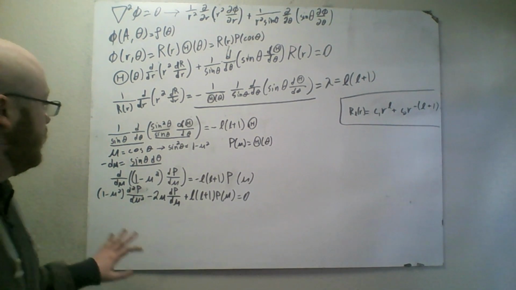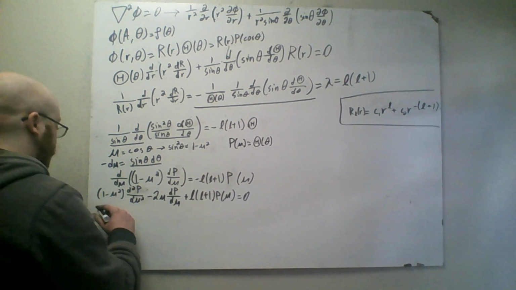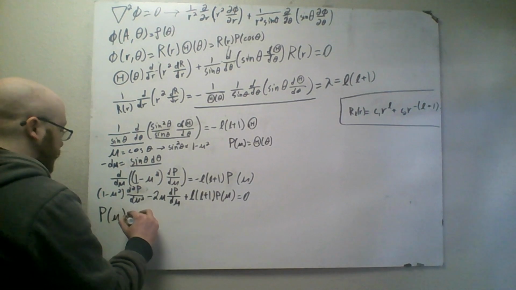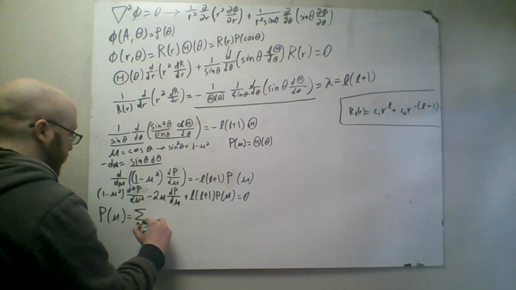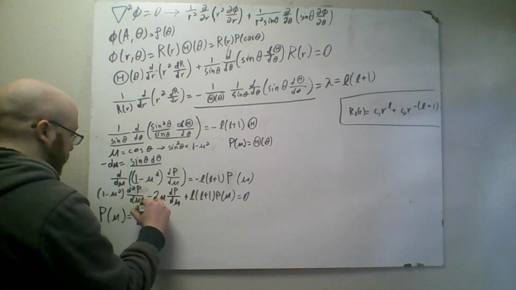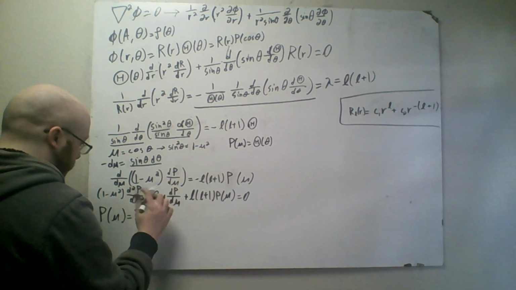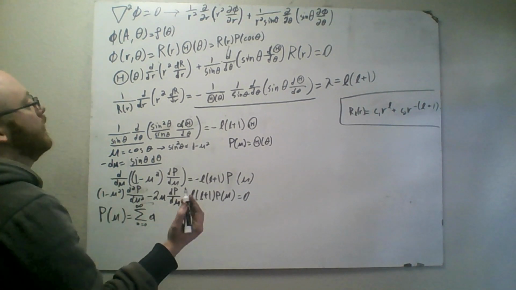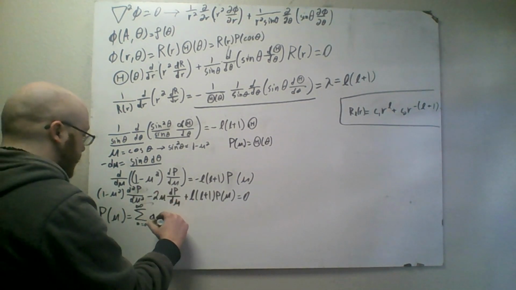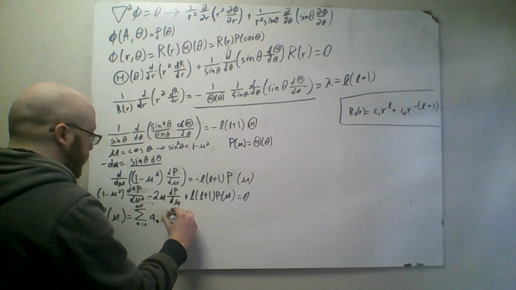So now I'm going to guess that P of mu equals the sum from n equals 0 to infinity of a n mu to the n.